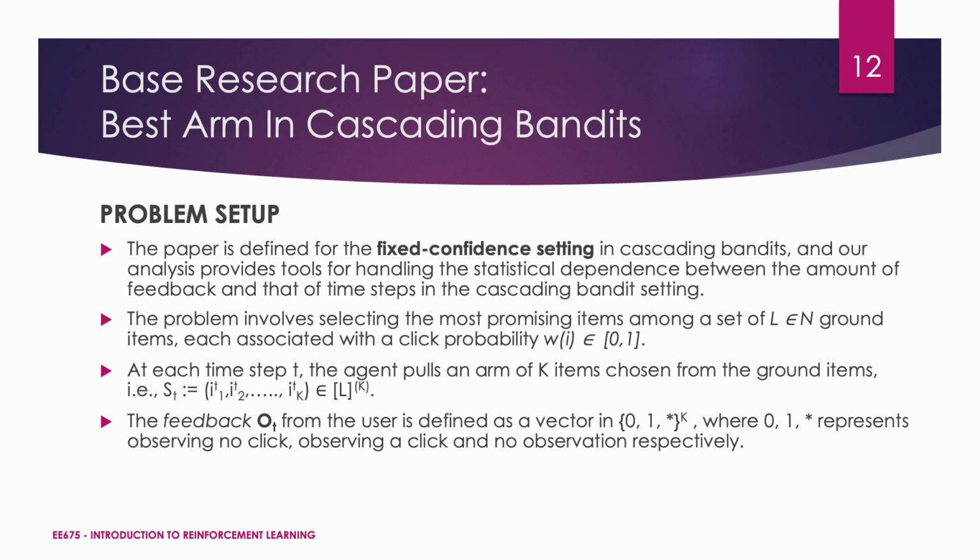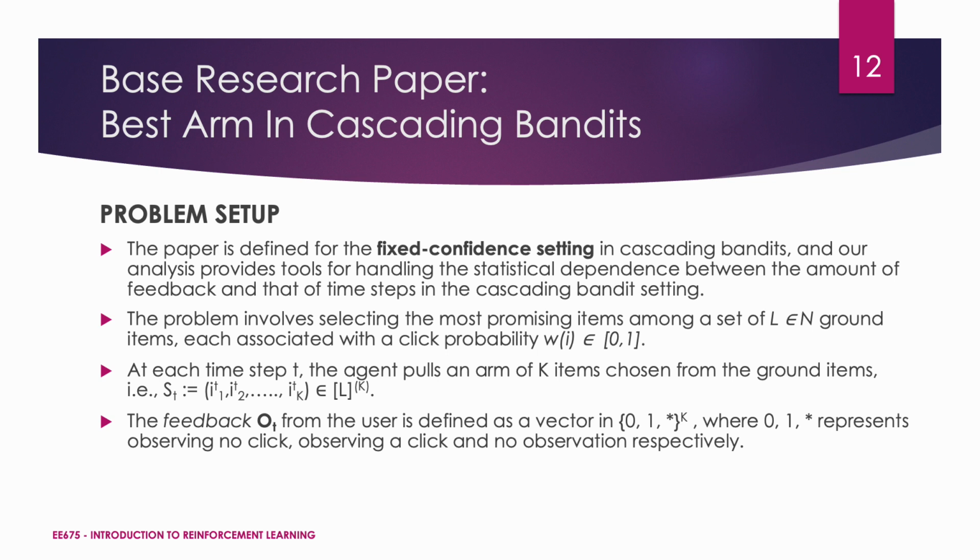This click probability Wi belongs to the set [0, 1]. At each time step t, the agent selects an arm of K items from the ground items. This arm is represented as St, which is a set of K different items belonging to the set L at a particular time t. This indicates the items that are chosen for examination.